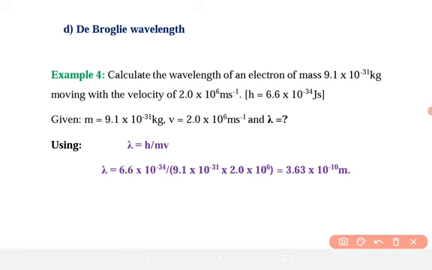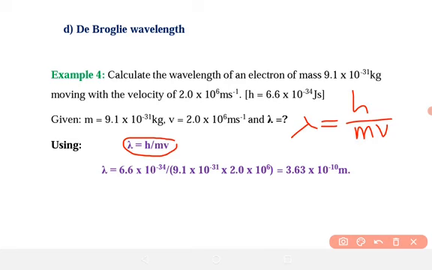That is, the electron can behave like a wave, and that made de Broglie come up with this equation for the wavelength of the electron when it behaves like a wave. And what is in this equation? Lambda represents the wavelength, and that is equal to h, which is Planck's constant, over mv. M here is the mass of the electron, while v is the velocity or speed of the electron.